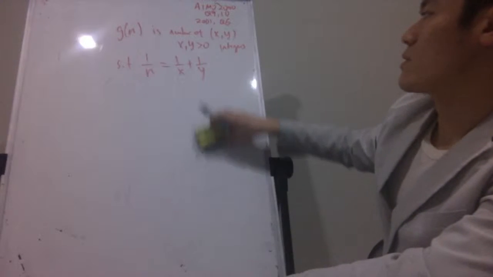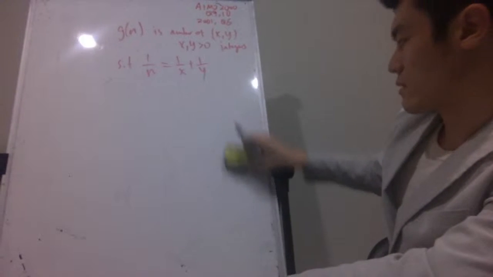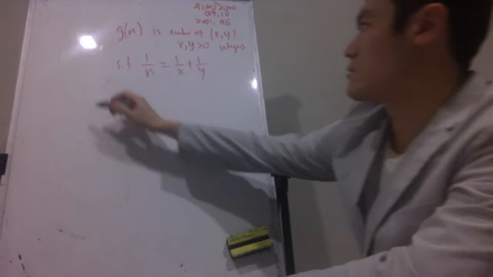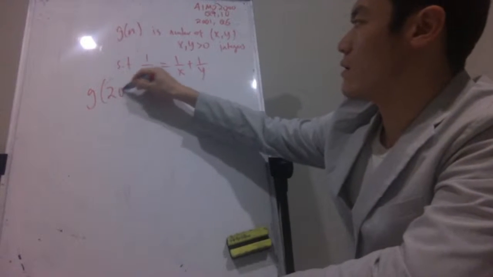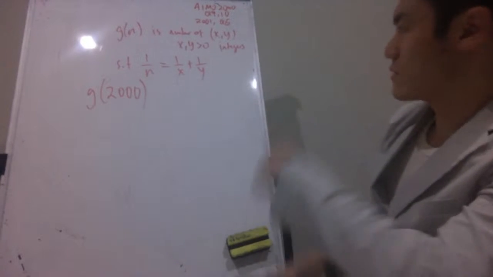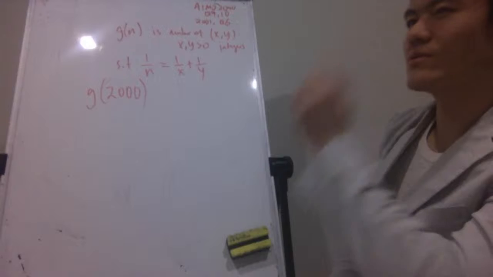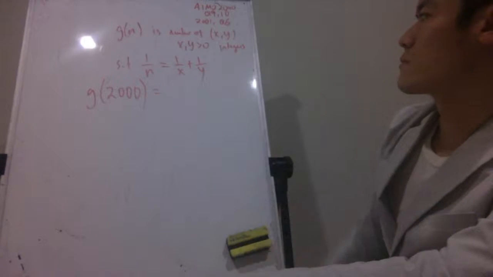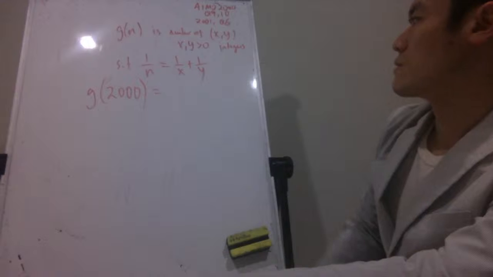The question takes you through g of 10 and stuff, but it's really unnecessary. Maybe we could just ask what g of 2000 was. And as problem solvers, you'll naturally try to figure out what g of 2 and stuff are. So that's the question.